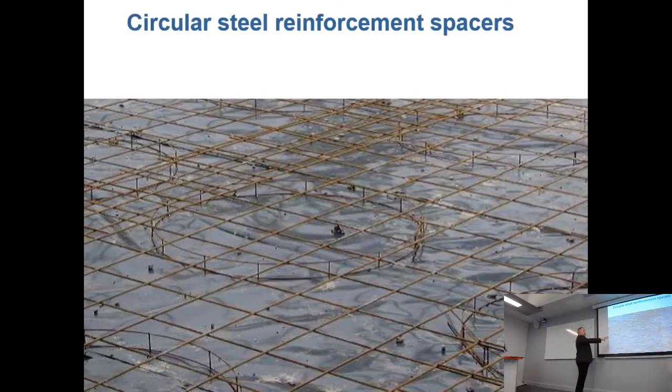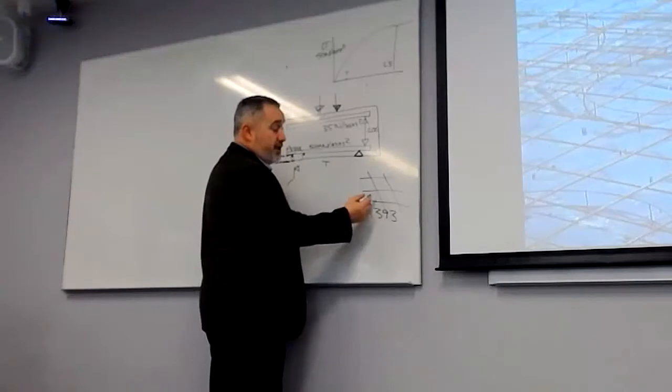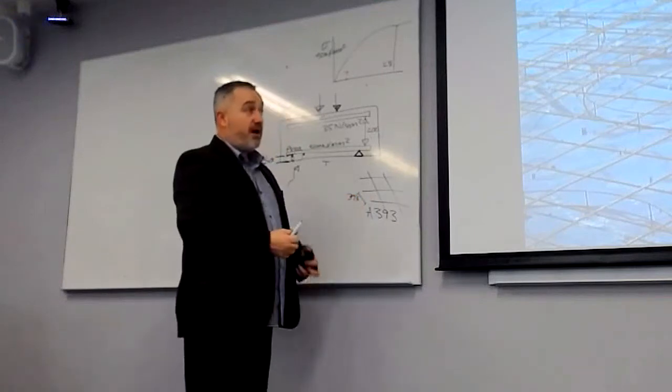If the load is not that great, you can buy mesh, such as A393. We put a lot of that into concrete drives to stop the concrete from cracking, and that's just steel spaced at 393 millimeters apart.